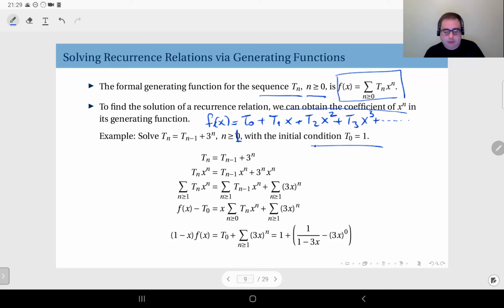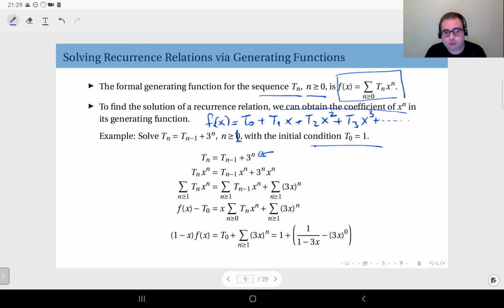Okay, now the trick here is to try to write each side in terms of the generating function. So to be able to do that, well, we are given this. First of all, observe that, yes, this is a linear recurrence relation. It has constant coefficients.